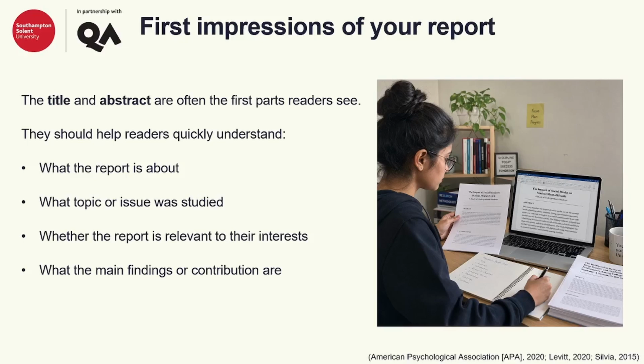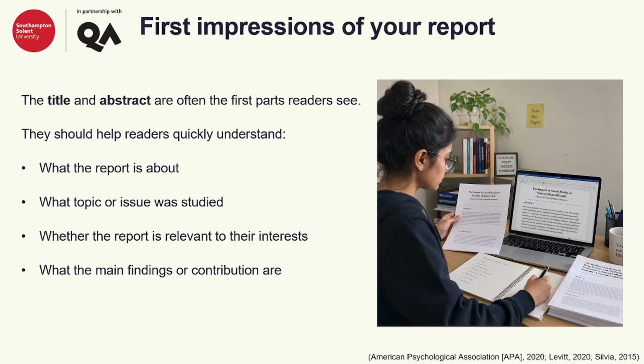It allows the reader to understand the purpose, methods, findings, and conclusion without needing to read the whole report first. These two sections, therefore, have related but different functions. The title identifies the focus of the research, but the abstract summarizes the research as a whole.